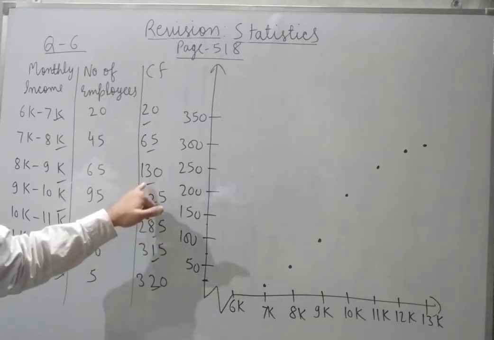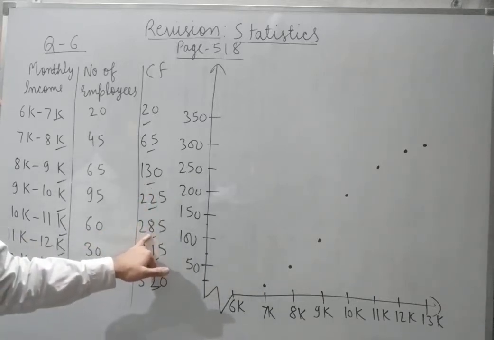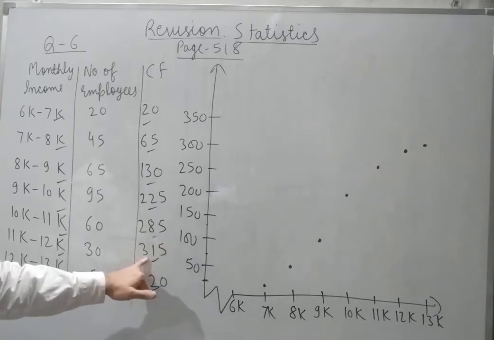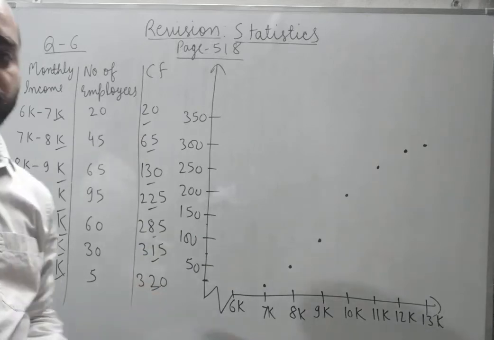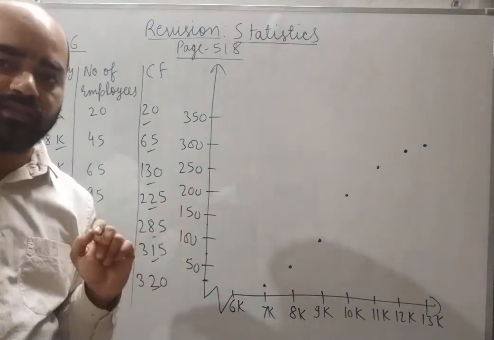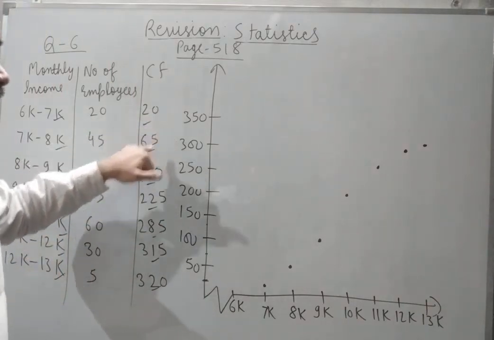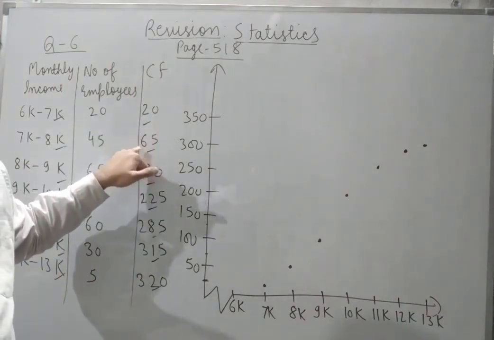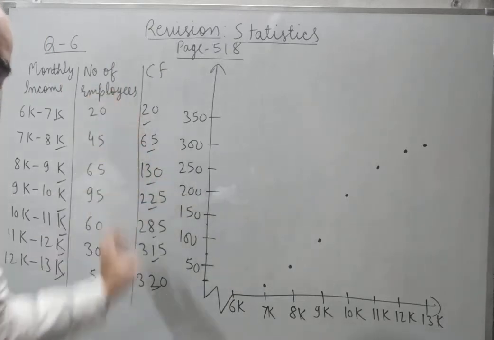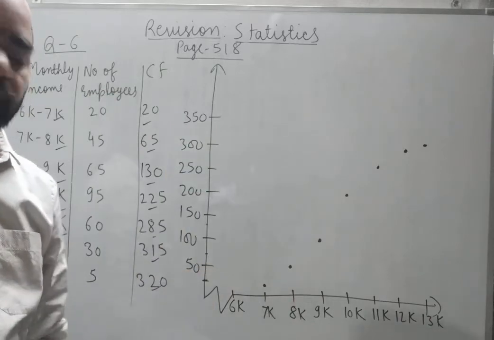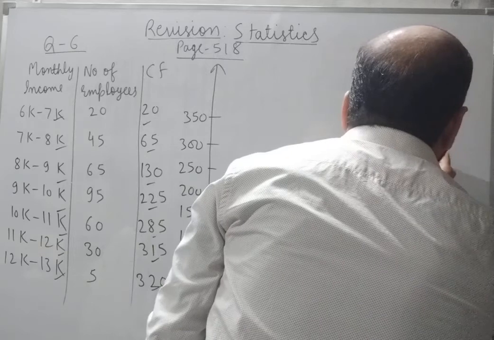So this will give 4.5, this will give 5.7, this will give 6.3, this will give 6.4. Like this you can plot exactly. Okay, divide the values by the scale. 20 by 50, 0.4. 65 by 50, 1.3. 130 by 50, 2.6. Similarly, you can plot the exact value in centimeters. So here, join the points to obtain a curve.